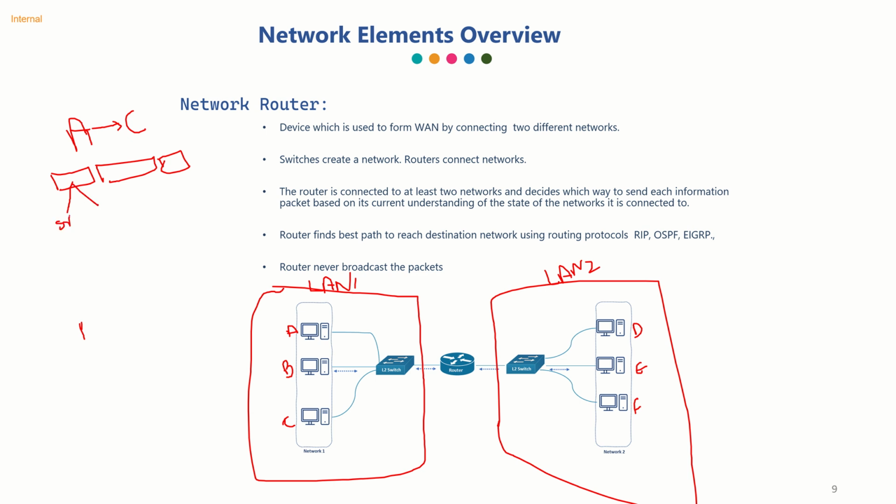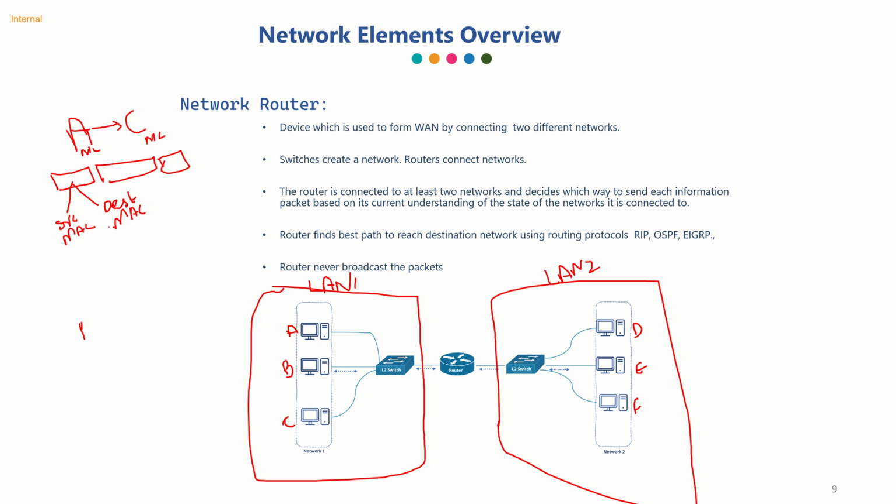One is the source MAC, the other one is the destination MAC. As I said, the MAC address is something which is hard coded into the NIC cards, right? So the NIC card of A, the NIC card of C, the address.